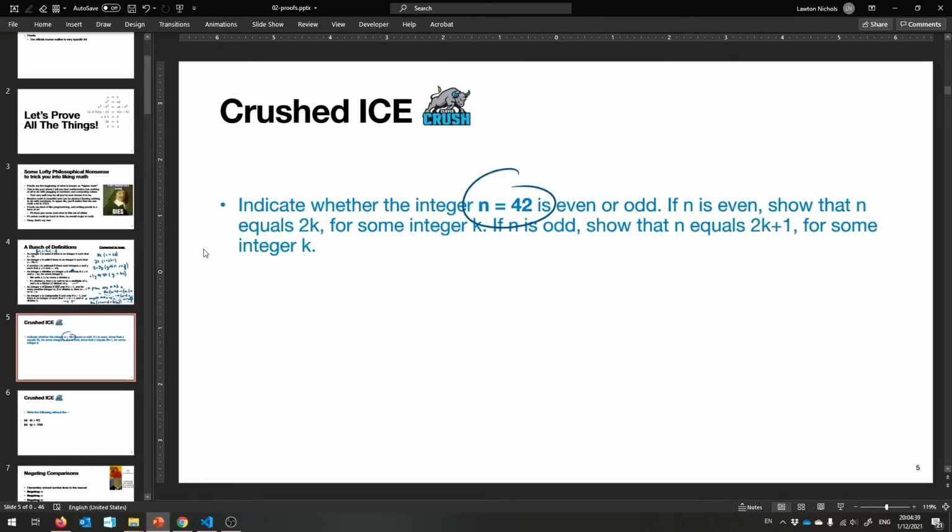I think you remember that 42 is even, so let's prove to each other why. Why in the world is it even? So we say n equals 42 is even. This is how we write our proof. Because n equals 2 times 21.